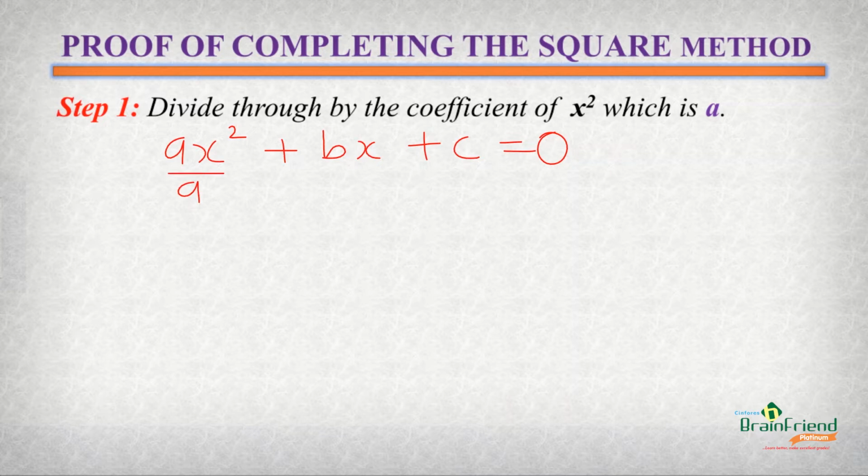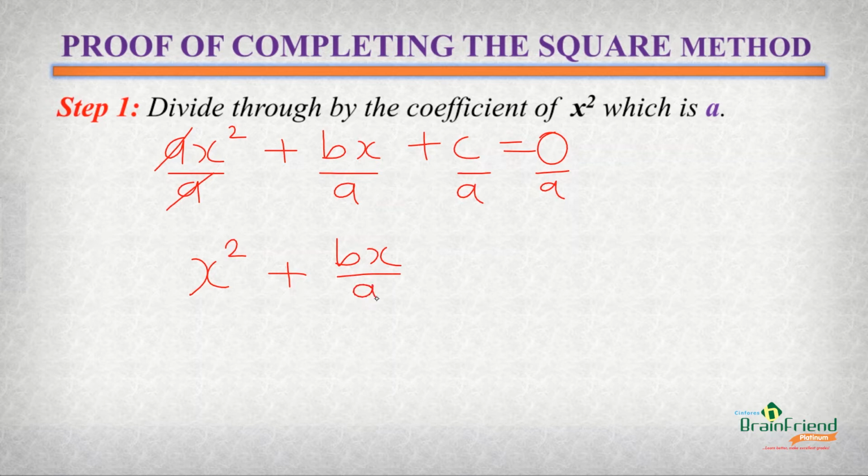That means we should divide everything by a. When we do that, the a in the first term would cancel out. So we'll now be left with x squared plus bx over a plus c over a is equal to 0. And we'll call this equation 1.